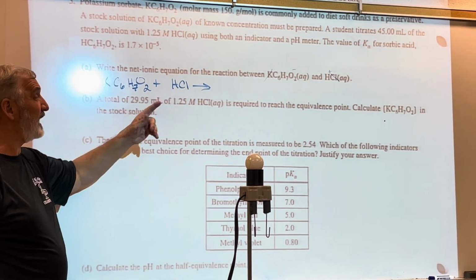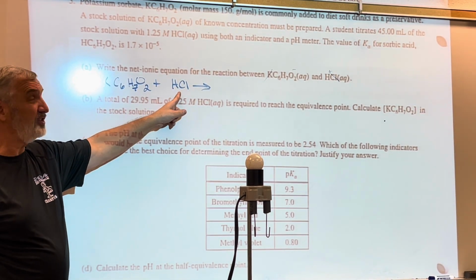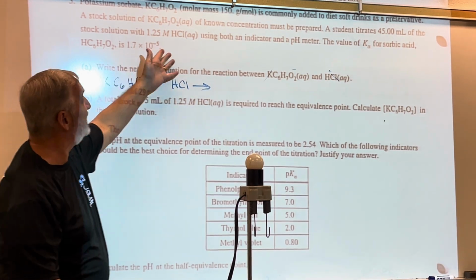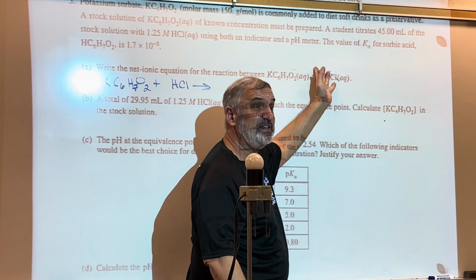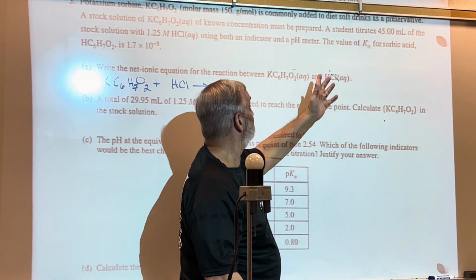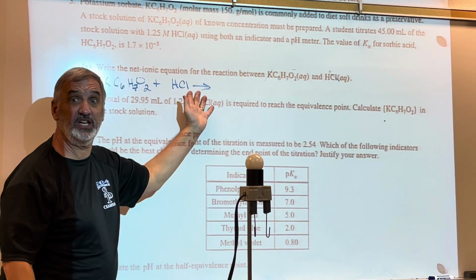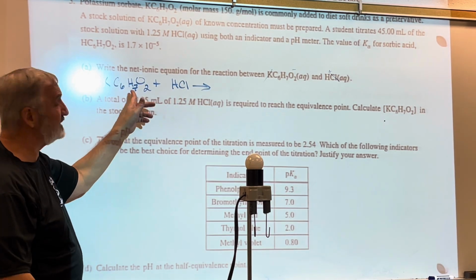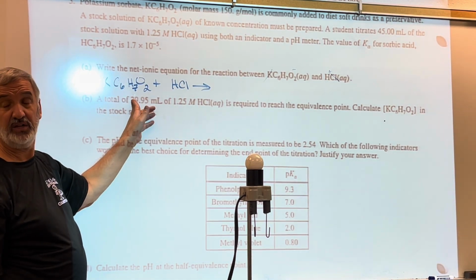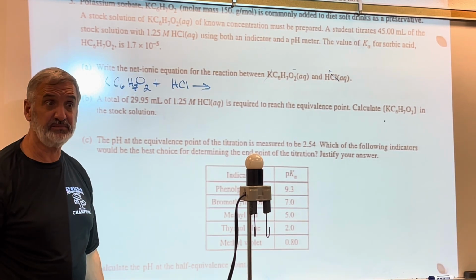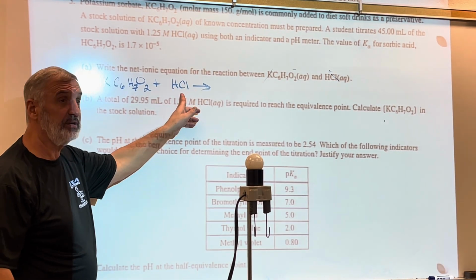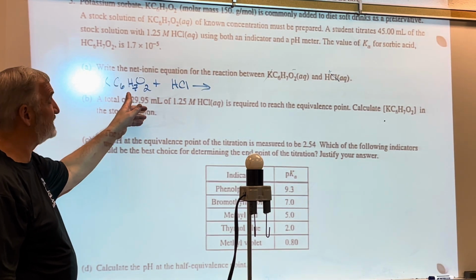Another thing we can do is I know this is an acid. They're titrating it, it's pH, this is Ka, this is telling me all these clues about acid and base. We memorized that HCl is a strong acid, so this must be acting like the base. What do bases do with hydrogens? They accept them. Acids donate them. So this is donating to here, but it's got to have a place.